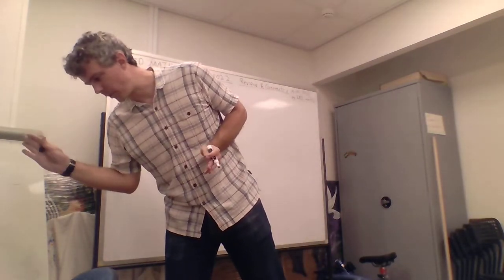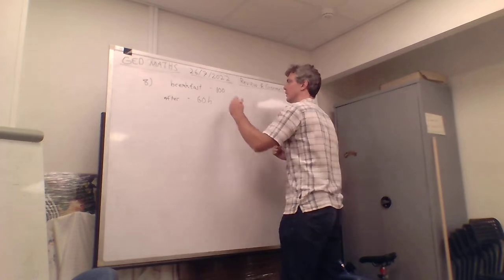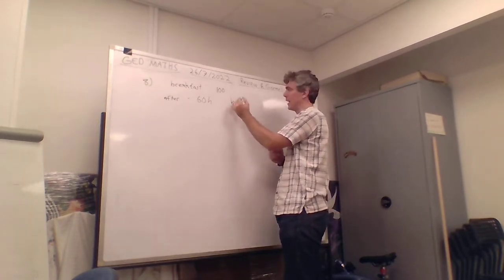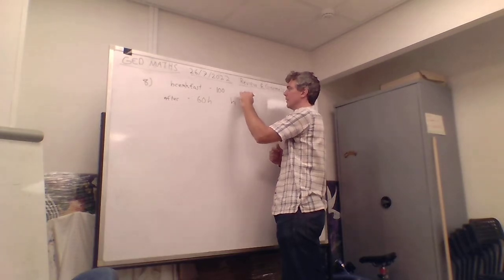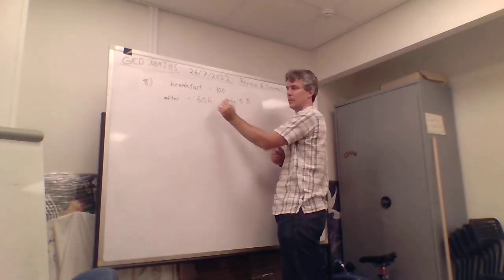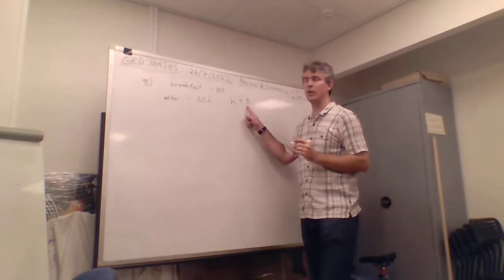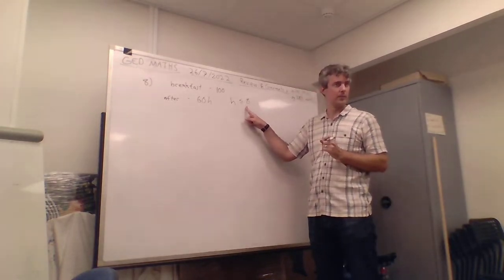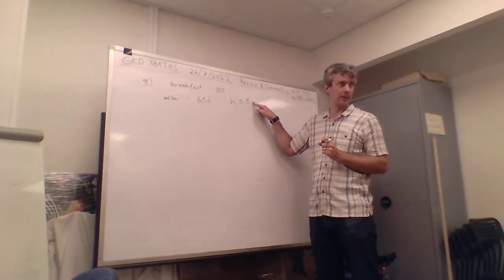And they never spend more than 8 hours after breakfast. So that means h has to be less than or equal to 8, because they never drive more than 8. This is going to help us with our domain.